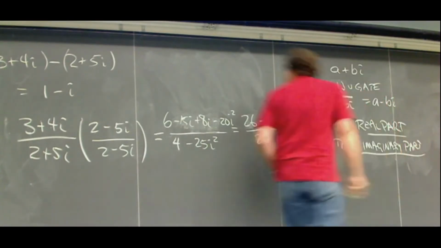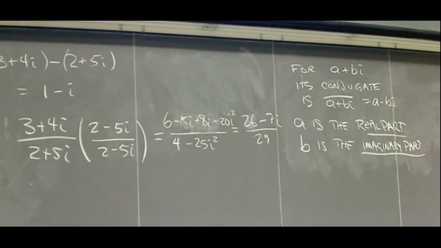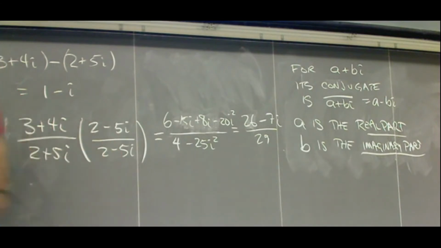So the imaginary part of 2 minus 5i is negative 5. And the conjugate of 2 plus 5i is 2 minus 5i. The conjugate of 2 minus 5i is 2 plus 5i.